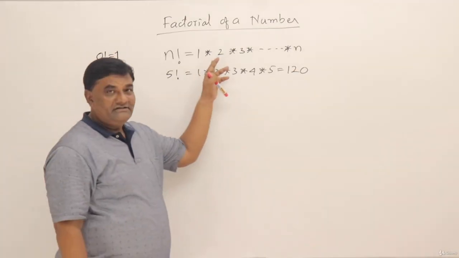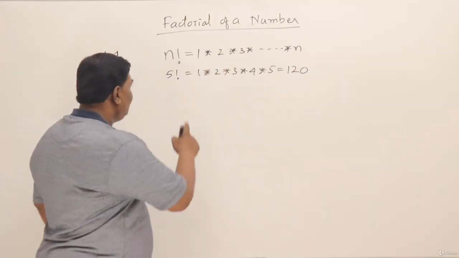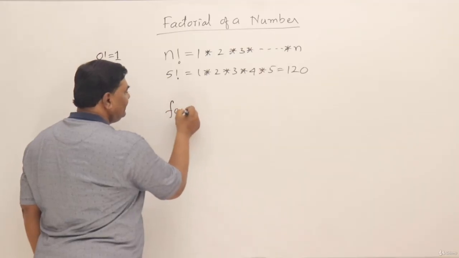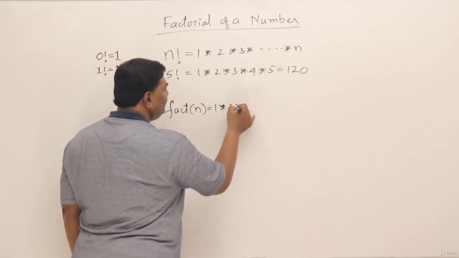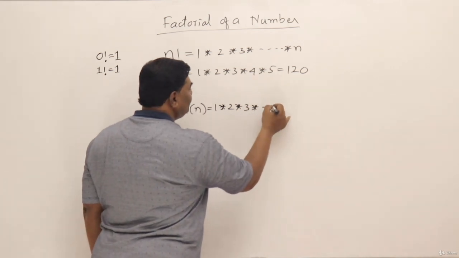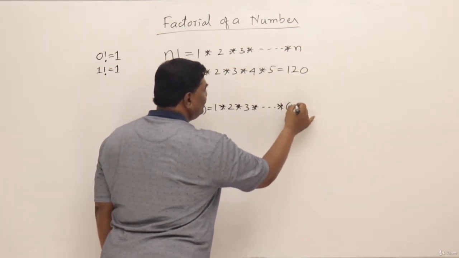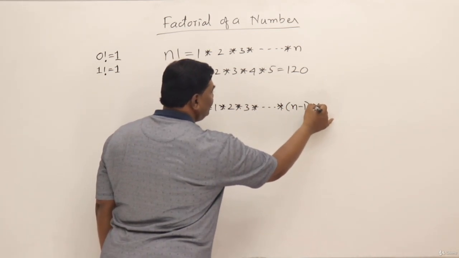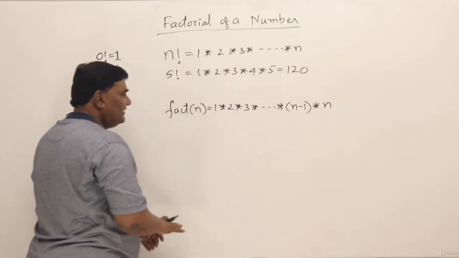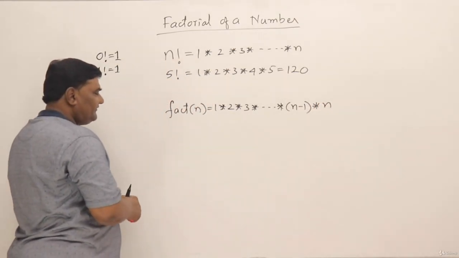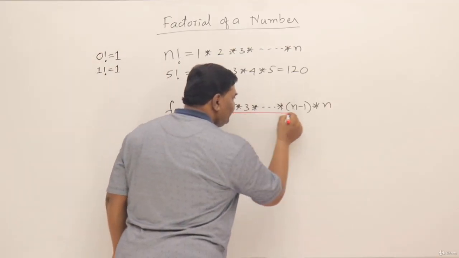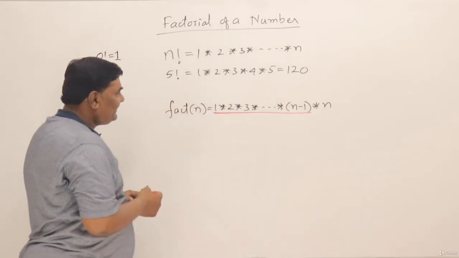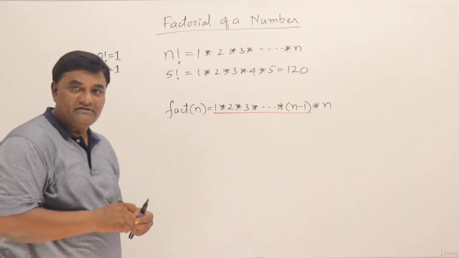Now let us define this recursively. If I say factorial of a number n is 1 into 2 into 3 goes on up to one more term I will include, that is one more number, n minus 1 into n. So in this, if I observe factorial of a number from 1 to n, this portion if I take is factorial of n minus 1.